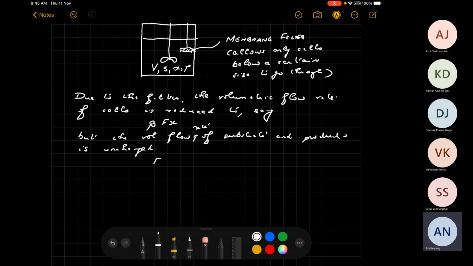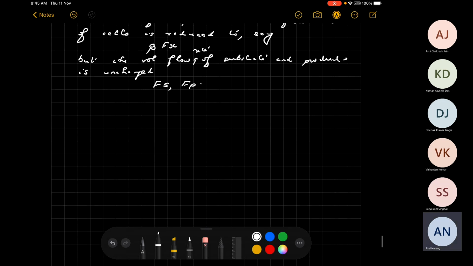So basically, this is FS and FP, no change at all. So the first thing to see is, basically, the only change in the mass balances, see that?